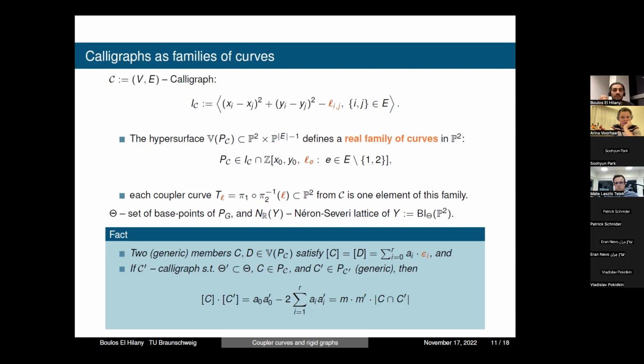Okay. From this description, I can define a set of base points. This defines those points where I blow up my P2. So I have the following two assertions. First of all, if I take any two generic members inside this linear system, then they have the same class.